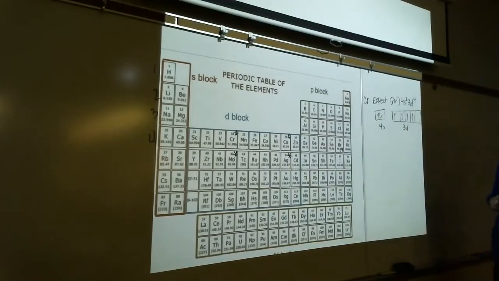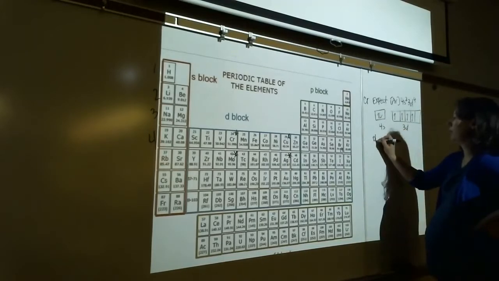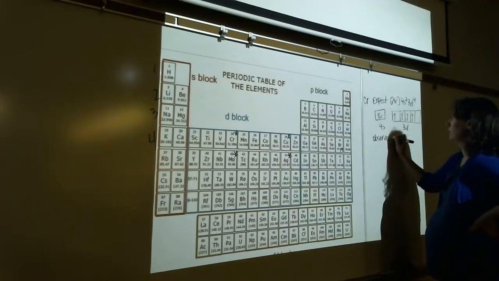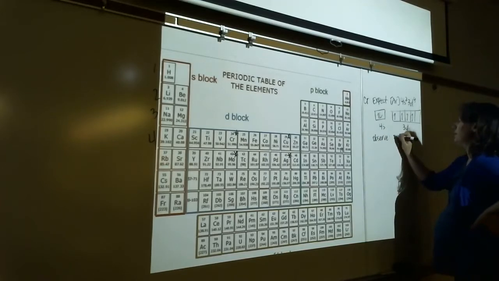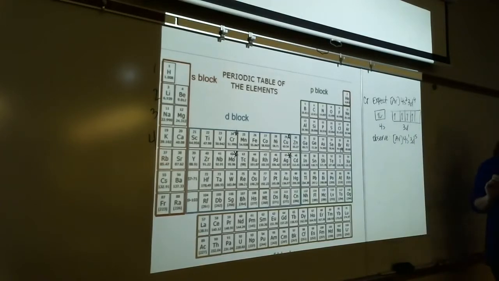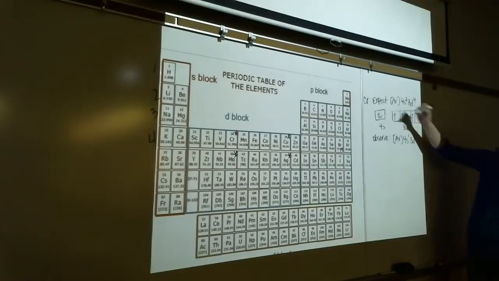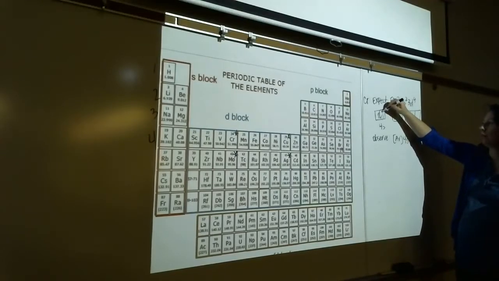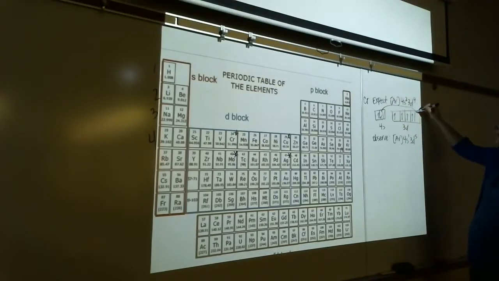What you actually observe is this: argon, 4s1, 3d5. That's the actual correct electron configuration. What happens here? One of these electrons from the S block gets taken by the D block.